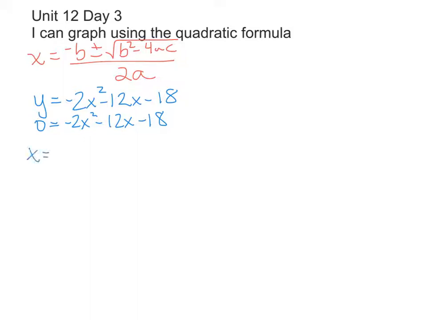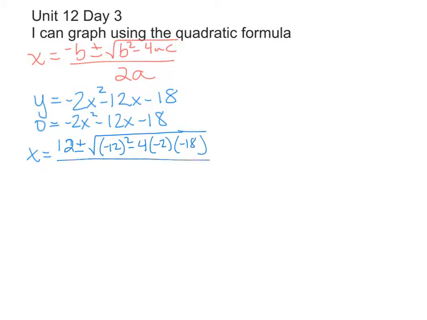So x equals the opposite of negative 12, that's 12, plus or minus the square root of negative 12 squared minus 4 times negative 2 times negative 18, all over 2 times a, negative 2.